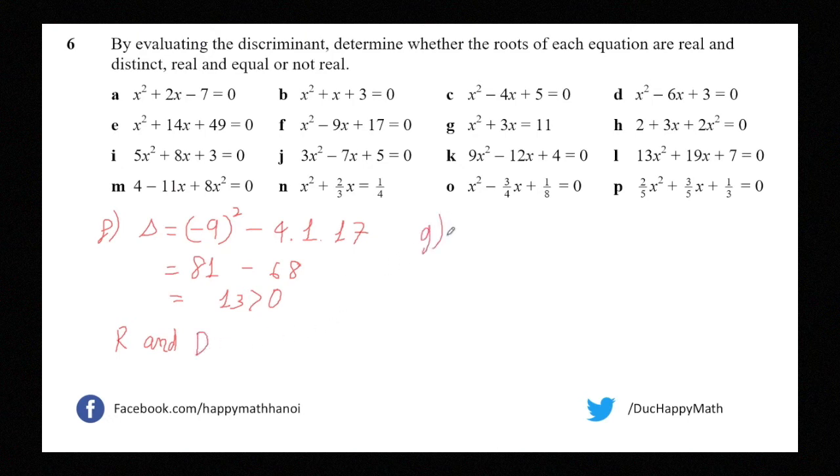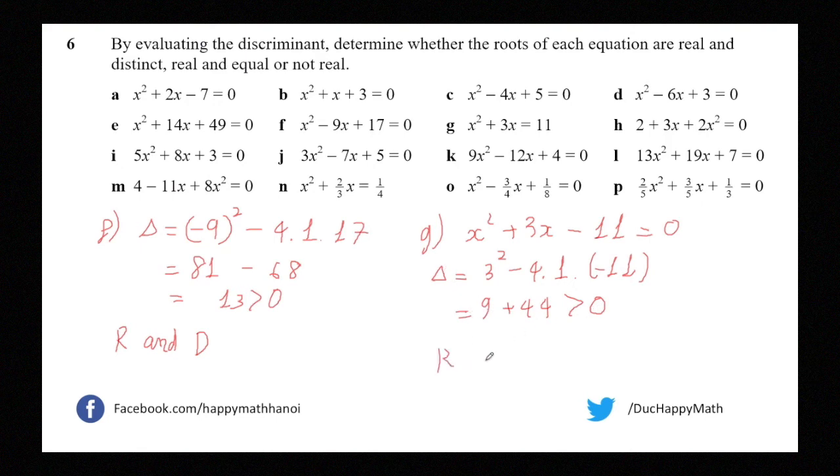Question J. Rearrange first, and it becomes ax squared minus bx plus c equal to 0. So define delta first. b squared minus 4ac. So minus times minus is plus. So until now you don't need to work out exactly the value of delta, because it's sure that the delta has to be positive.